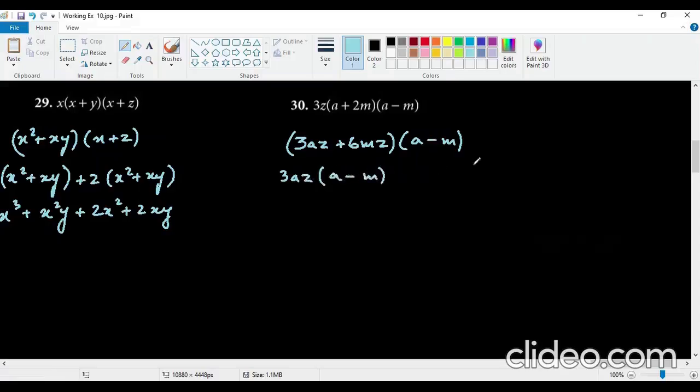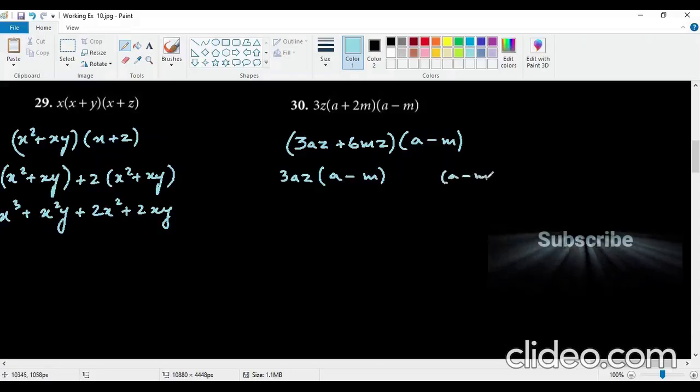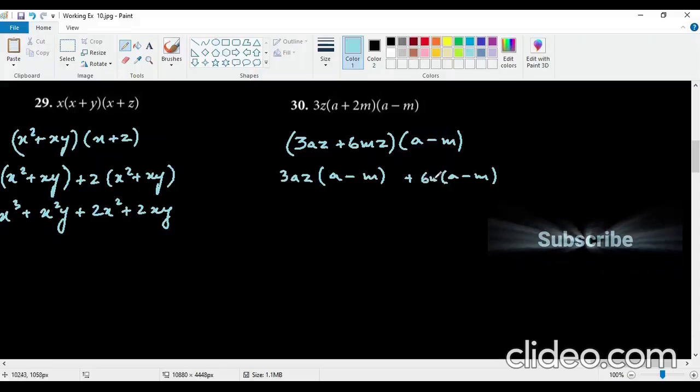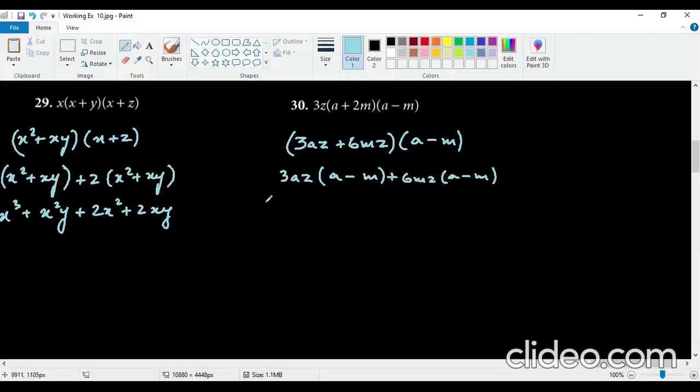Again I will write a minus m once again, and I will multiply it by 6mz plus 6mz. So this is going to give me a 3a square z and minus 3amz and plus 6amz, plus minus is a minus 6m square z.